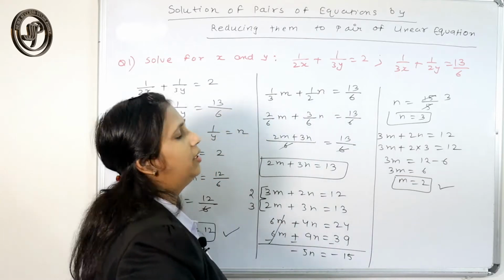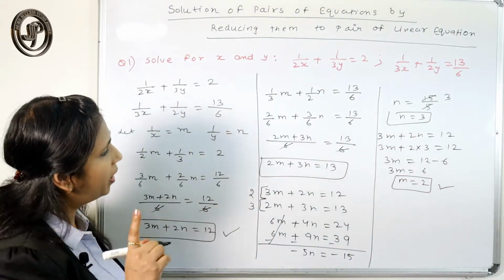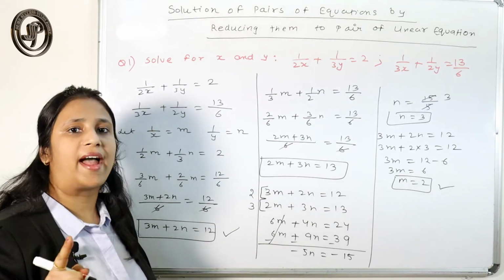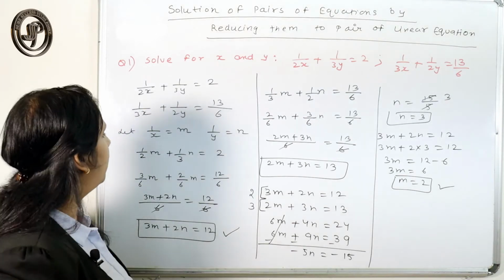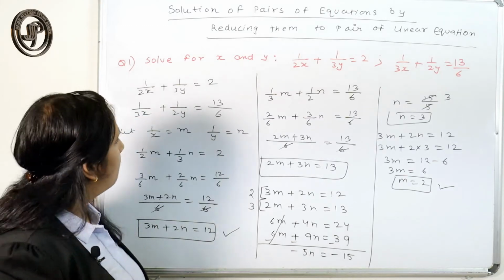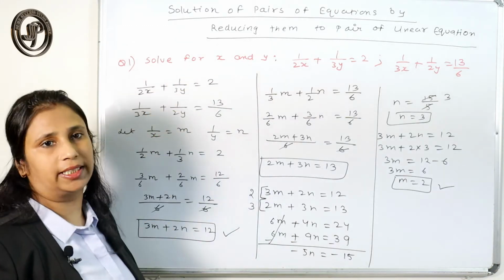But don't leave the answer at this step, because here you have to find the value of x and y. You have found the value of m and n, but the question asks to solve for x and y.